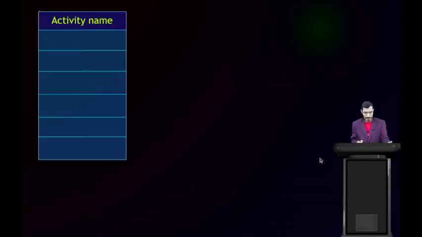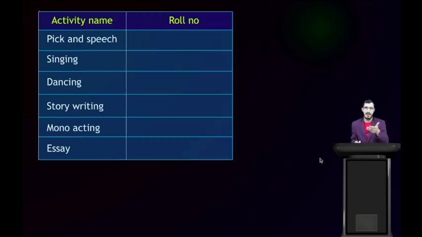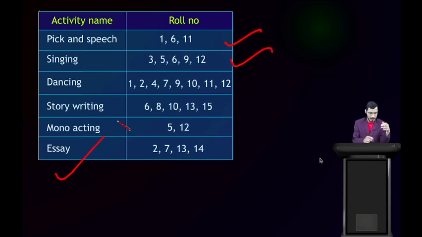So now we can simplify this data in this form. In the first column is the activity name: pick and speech, singing, dancing, story writing, mono acting and essay. Now we can write the roll numbers in the second column. You can see the roll numbers and the activity name.